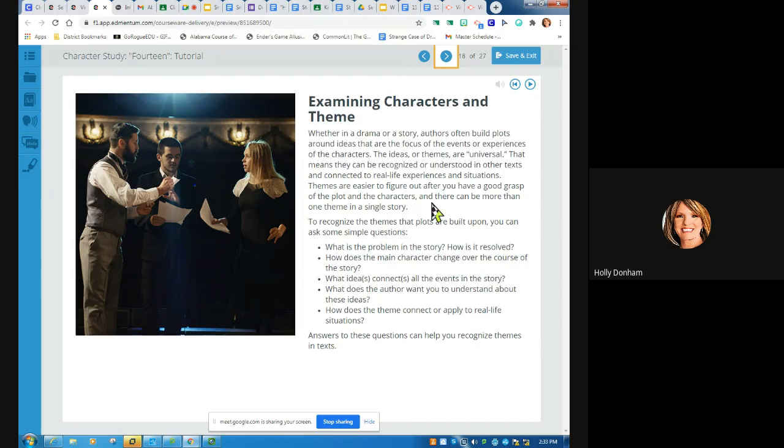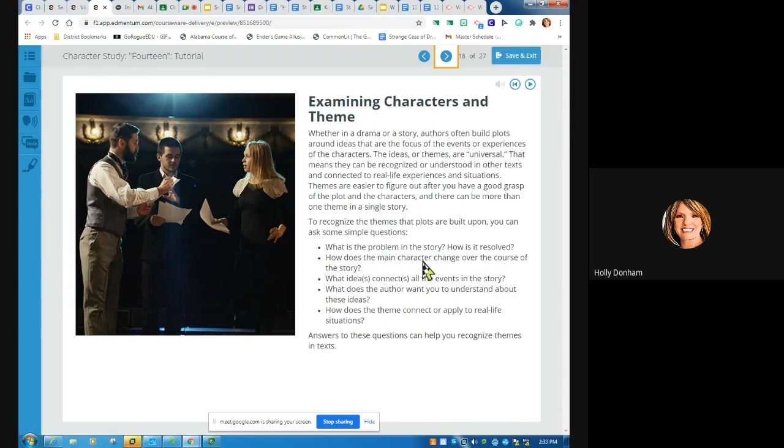To recognize the themes that plots are built upon, you can ask simple questions. What's the problem in the story? How do they resolve it? It's a good one. How does the main character change over the course of the story? Okay? Their attitude maybe changes.